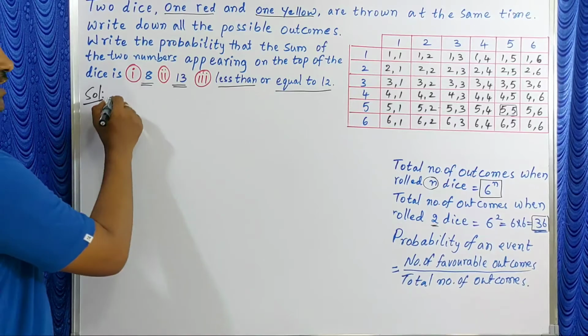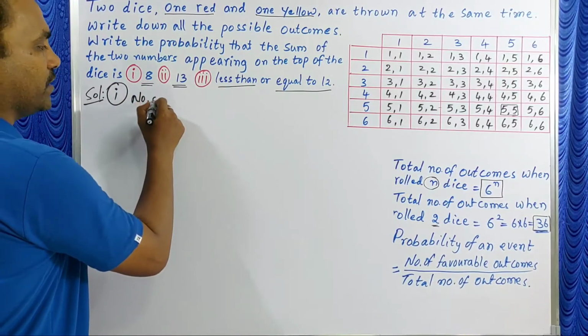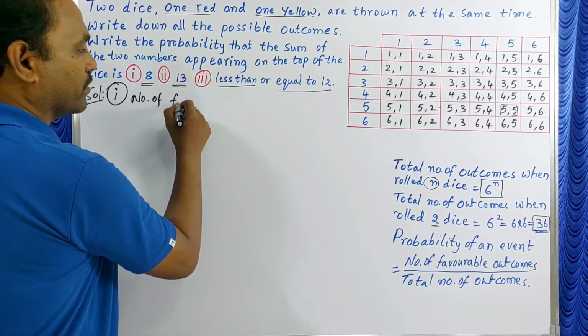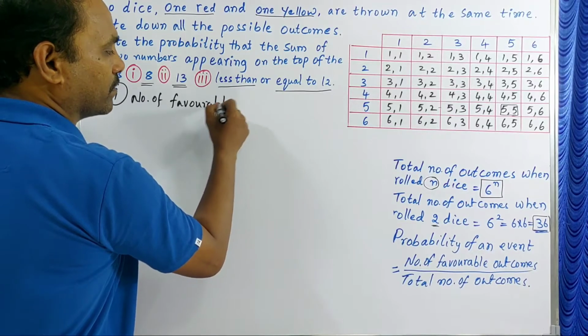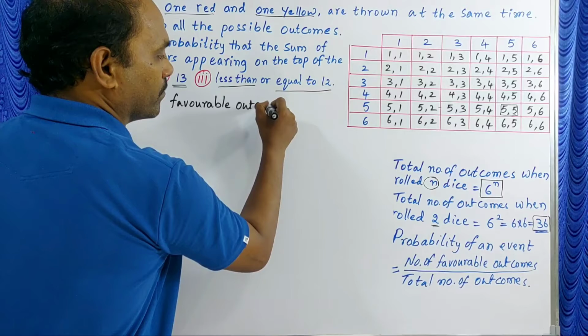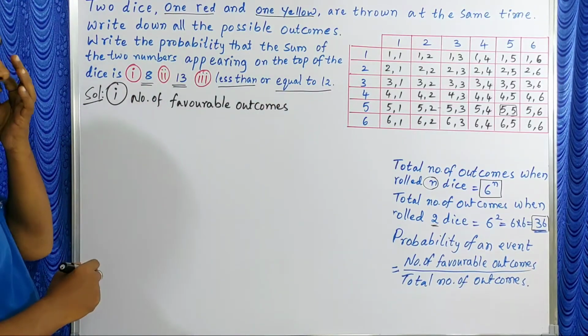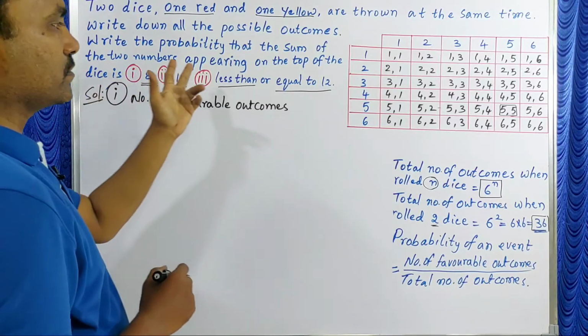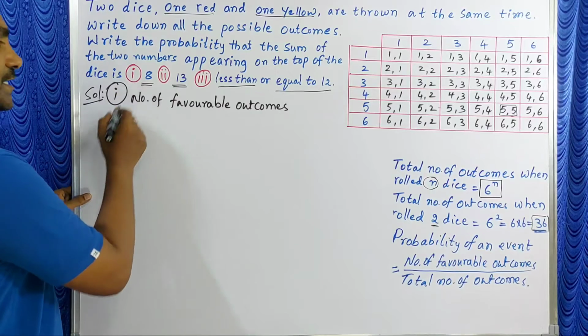Solution, question number 1, first question, number of favorable outcomes, sum of two numbers is 8.